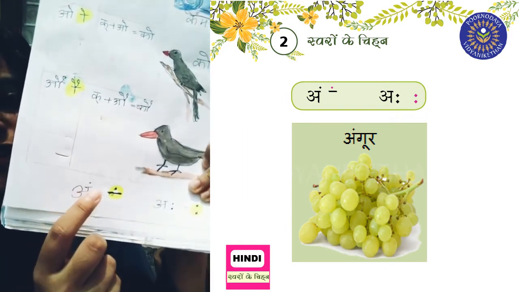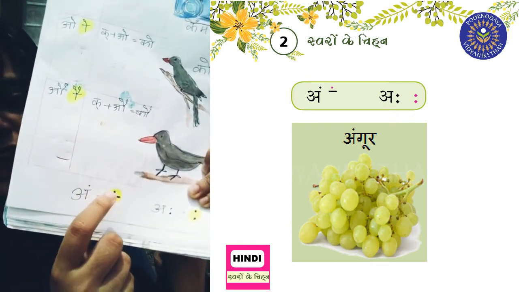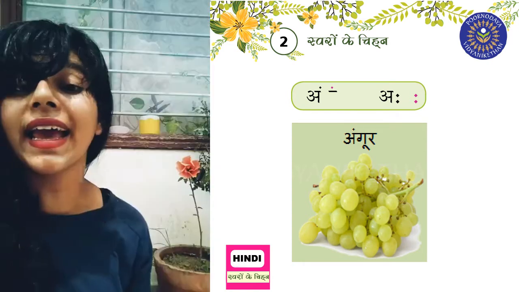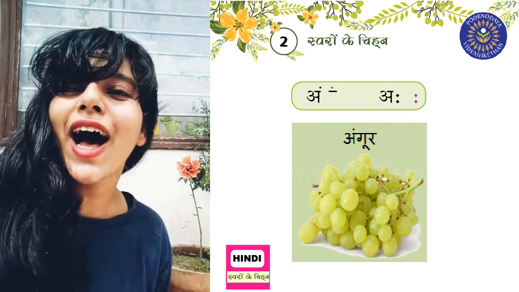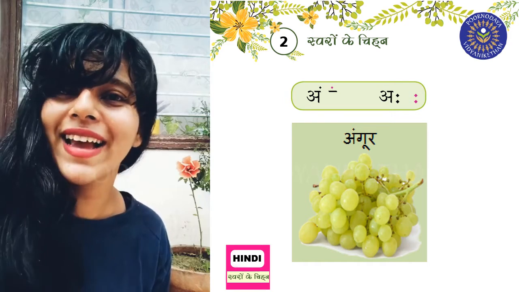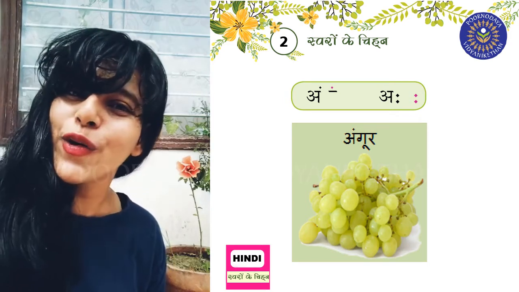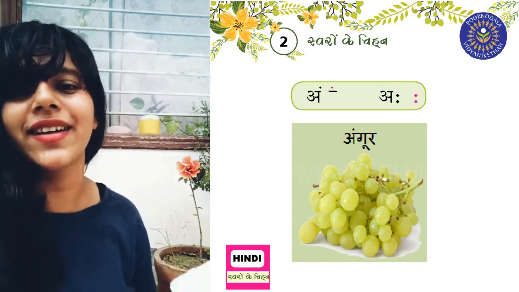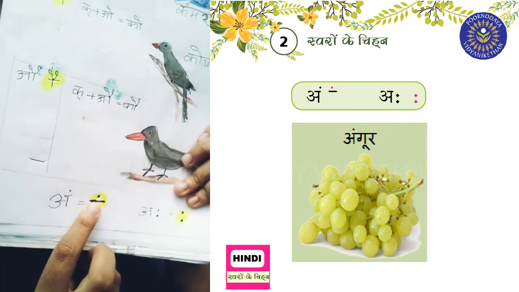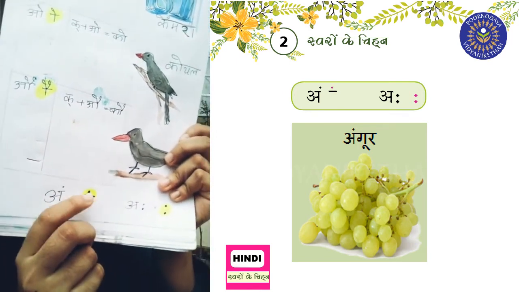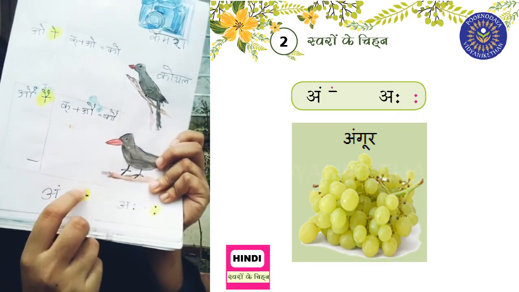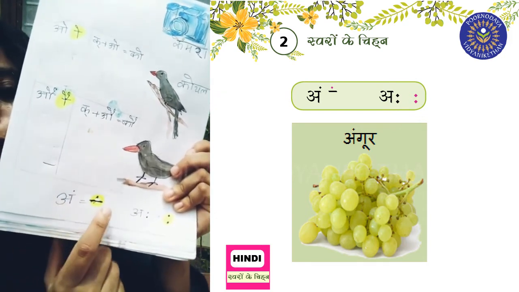Um is written with one sleeping line and a dot on top, like angur. Angur are grapes in English. Angur. It is written like this in form of matra, one sleeping line and dot on top.